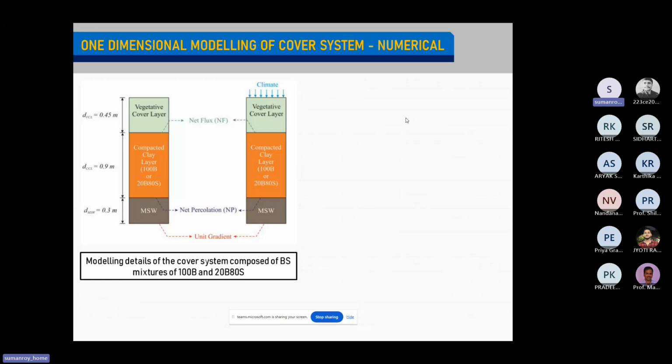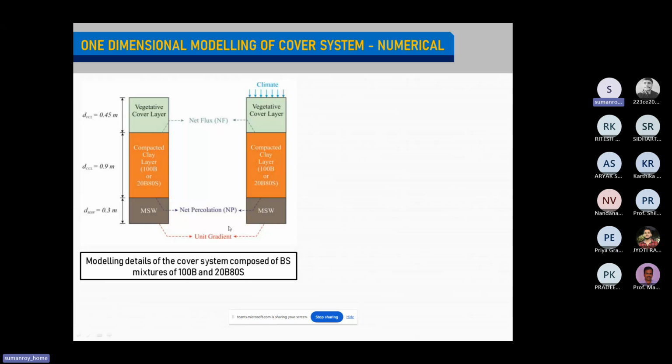You see this is the top cover system. You remember that the top cover system consists of a vegetative cover layer at the top, followed by a layer of compacted clay, and the compacted clay layer varies from 0.5 to 1 meter. In our case, we have taken it to be 0.9 meter, followed by the MSW layer. In the second case, you can see that we have put a climate boundary on the top to check how it is performing, and we are going to check the net percolation.